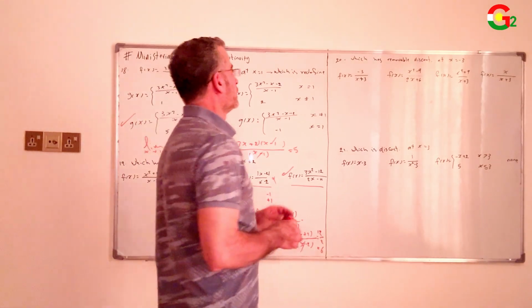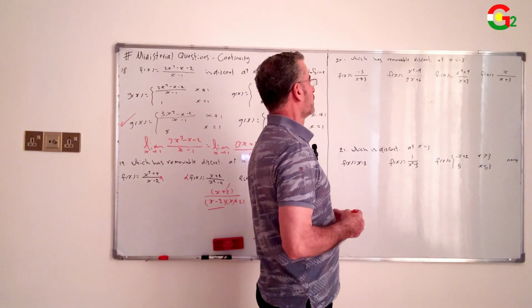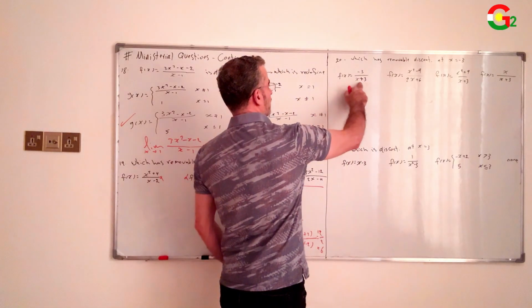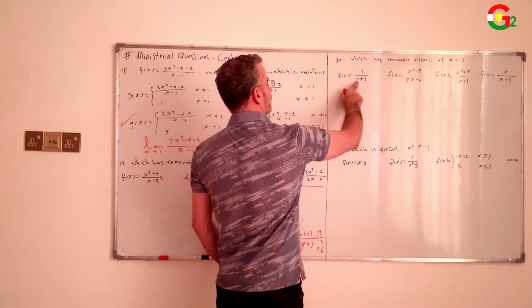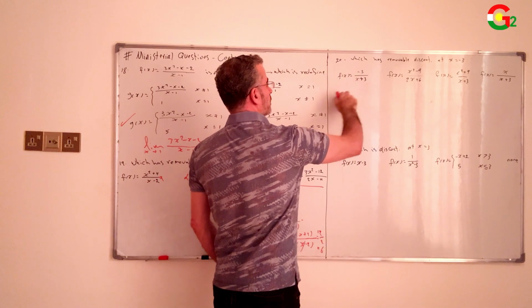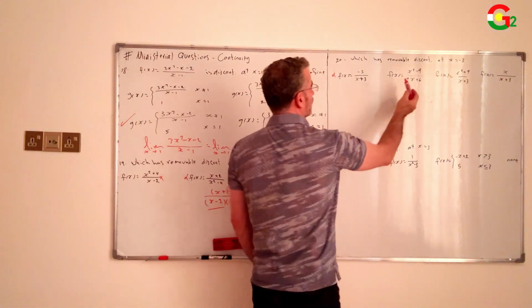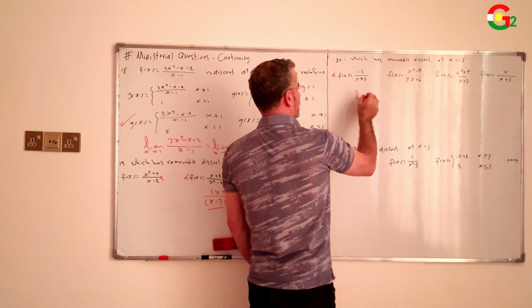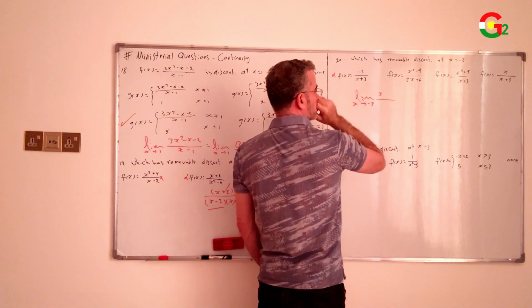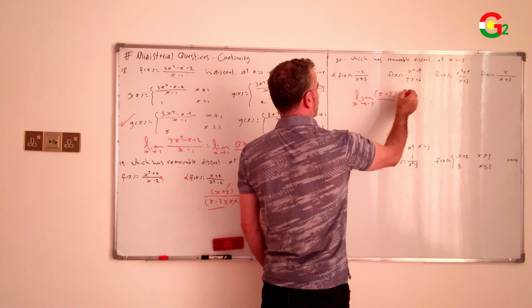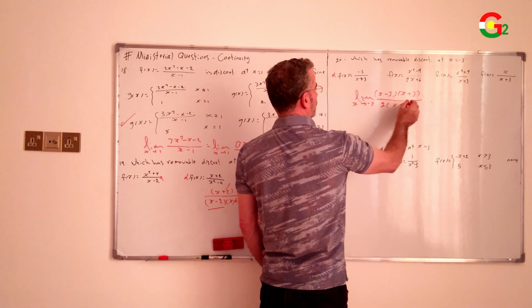Question number 20. Which of the following functions has removable discontinuity at x equal negative 3? For the first function, if we substitute negative 3, the denominator would be 0, undefined term. Therefore, this function has no removable discontinuity. For the second function, let us find the limit when x approaches negative 3. Analyze the numerator by difference of 2 squares. Factorize the denominator by 2.